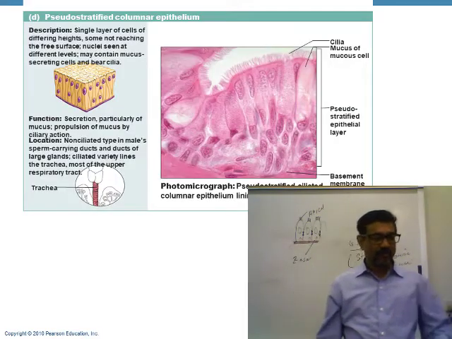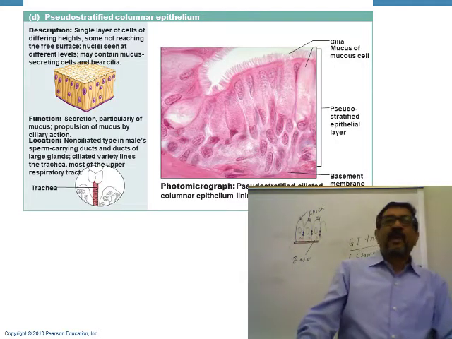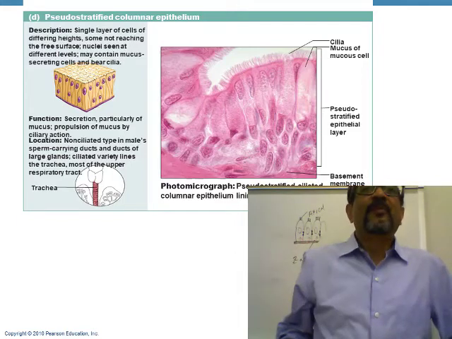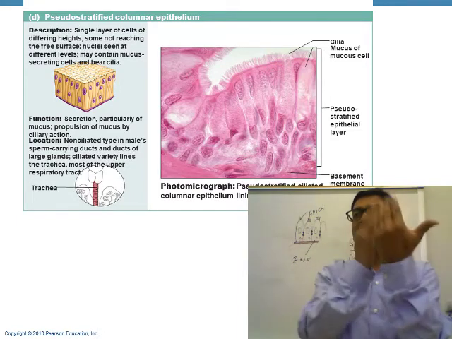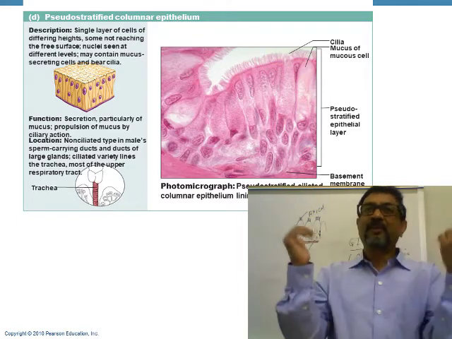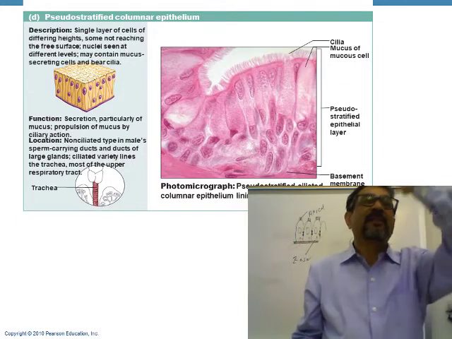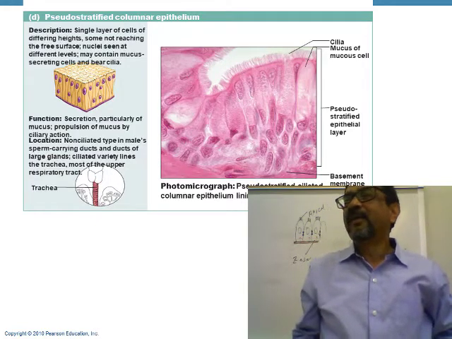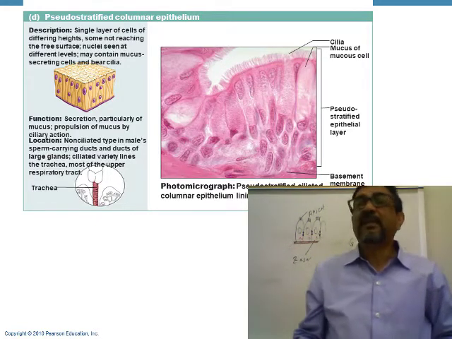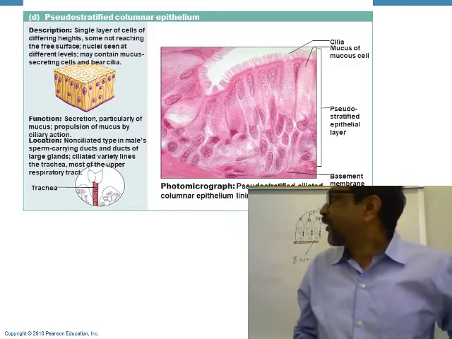Pseudostratified columnar epithelium. You see cilia here. I have already mentioned this epithelial tissue helps in cleaning. So if you know that, where will you find that? In the upper respiratory tract, right? Upper respiratory tract. That means inside the nasal cavity, inside the trachea, right?